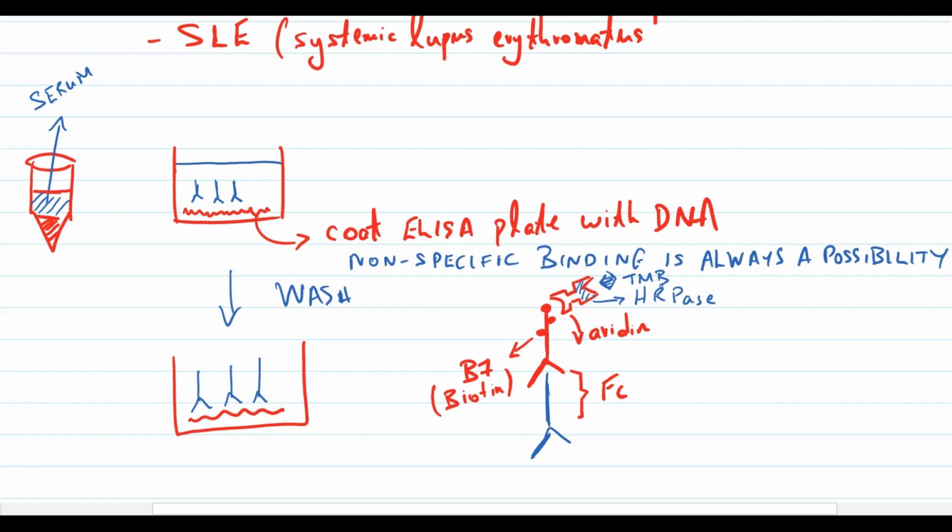So we go through this, then we bring in our special antibody which recognizes the Fc portion of the antibody. Of course, there will be washes. And many times you combine this step together.